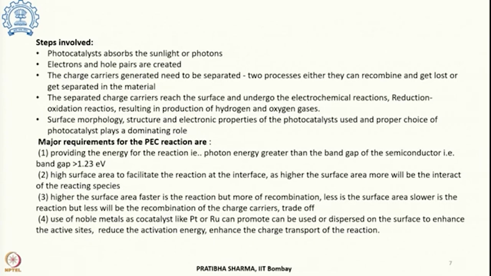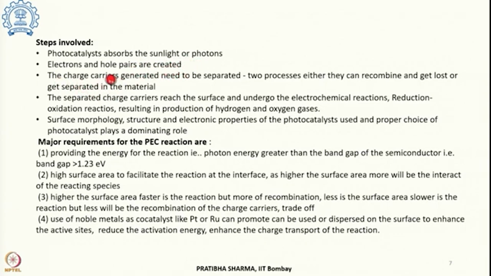So if we see what the major steps involved in the photoelectrochemical process are, the photocatalysts which are present absorb the sunlight or photons, that energy is absorbed. With that energy the electrons move from the valence band to the conduction band, creating holes in the valence band. So electron and hole pairs are created in the process.